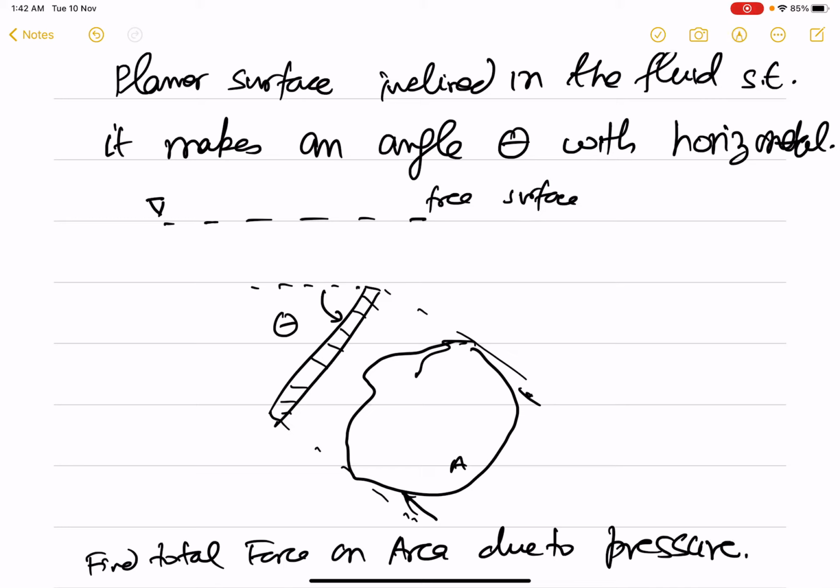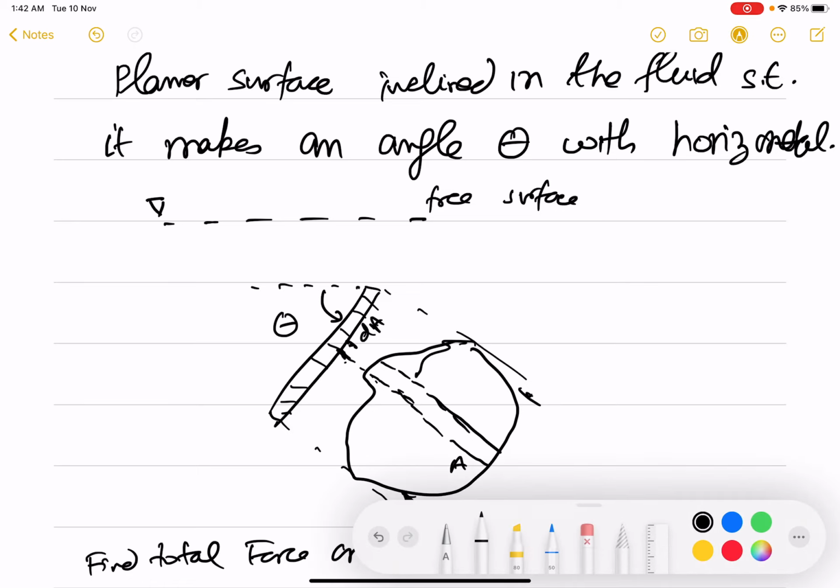Okay, so let's take a point on the surface. We choose an elemental area dA.